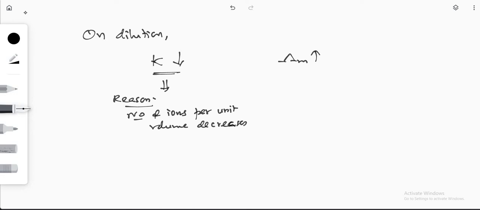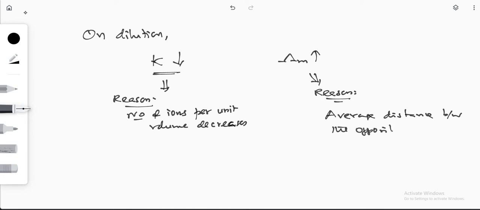Therefore, kappa decreases. Why does molar conductivity increase? The reason is on dilution, the average distance between the opposite charge ions increases.